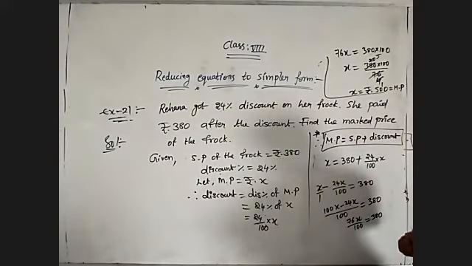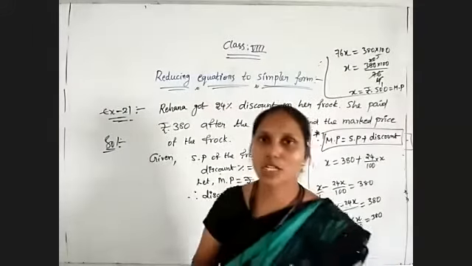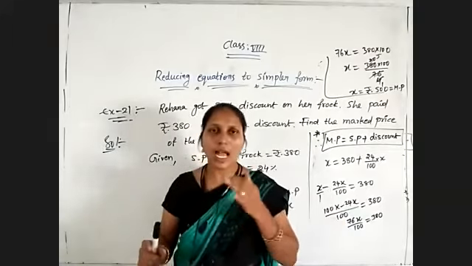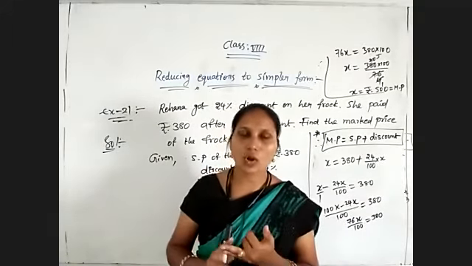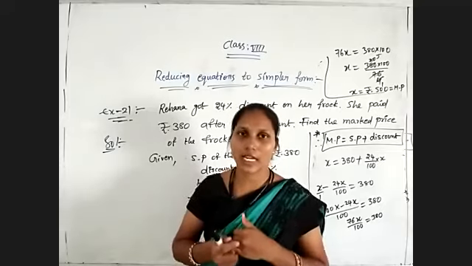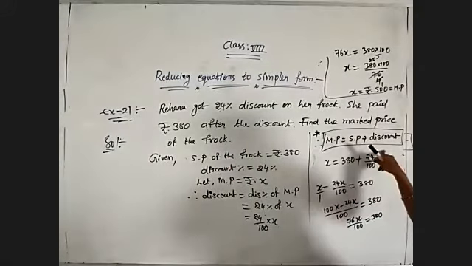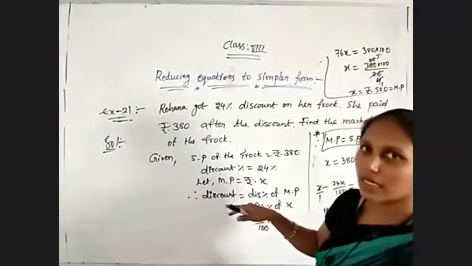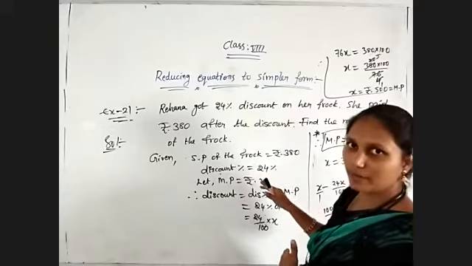So remember, here you need to understand the concept. MP is nothing but the original amount. As I told you, the original amount is 400 rupees. I paid only 350 rupees. That SP is 350, discount is 50. 350 plus 50, I'll get 400. So MP is equal to SP plus discount. So the discount percentage is given. Discount percentage is nothing but the discount percentage of MP.